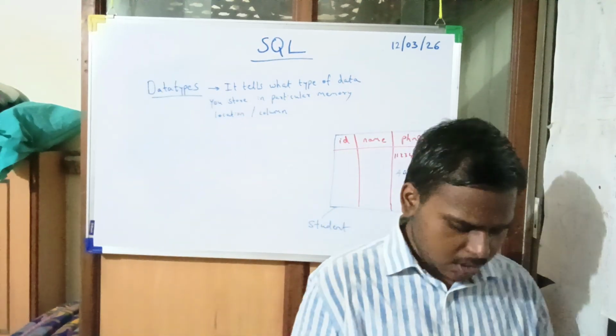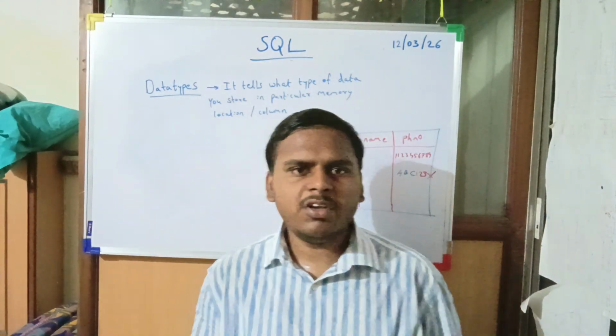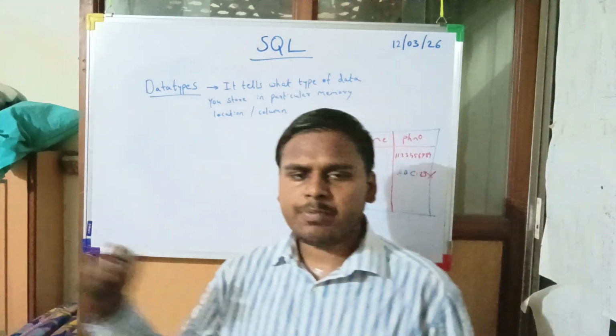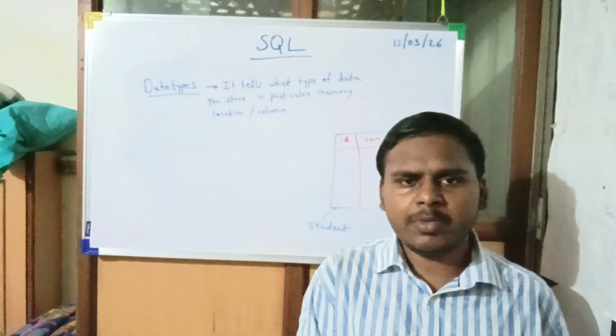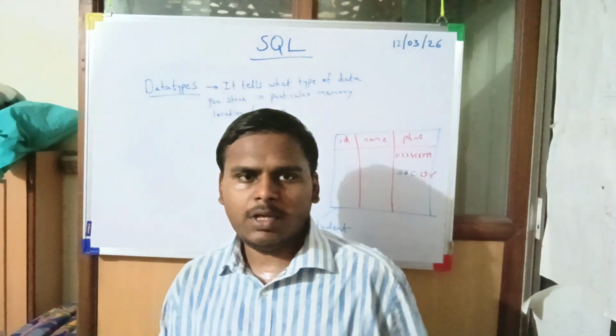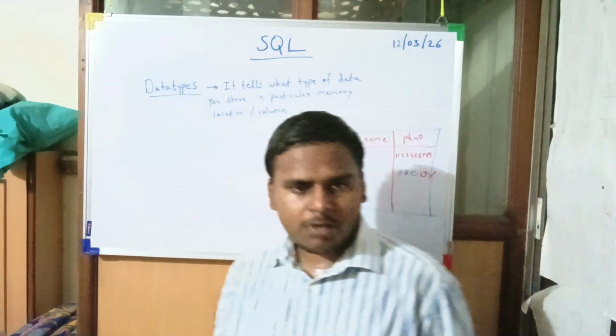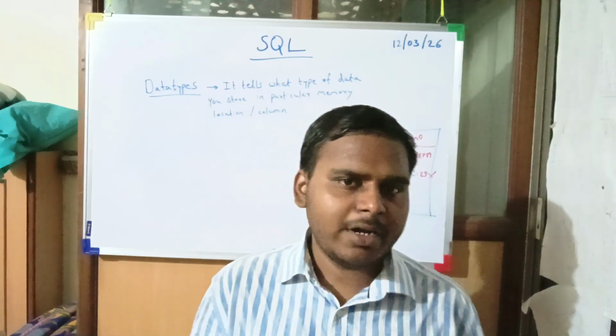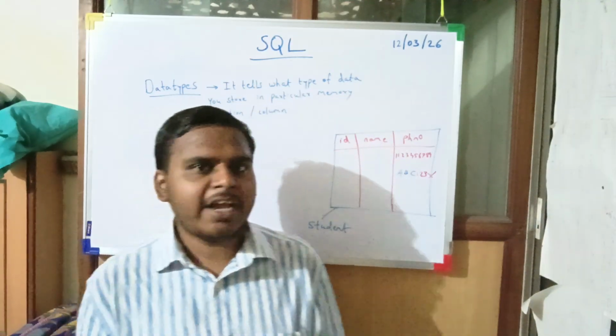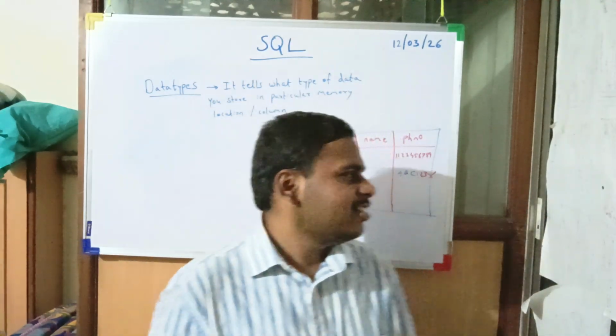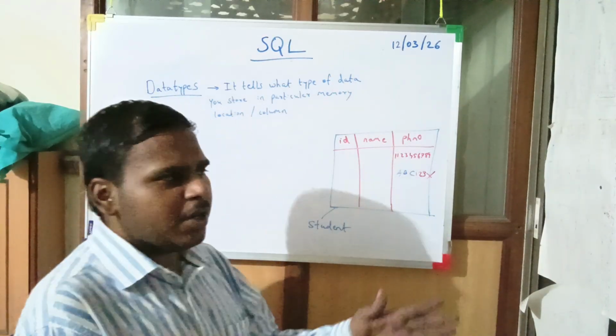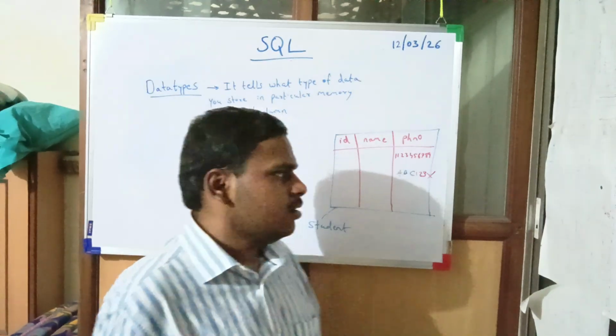Now suppose when you travel in a train, there is a separate section: a ladies compartment, gents, and a general compartment for both males and females. If you enter the female compartment, what will happen? You have to pay a fine, or you might even go to jail. So there is a particular separation defined.